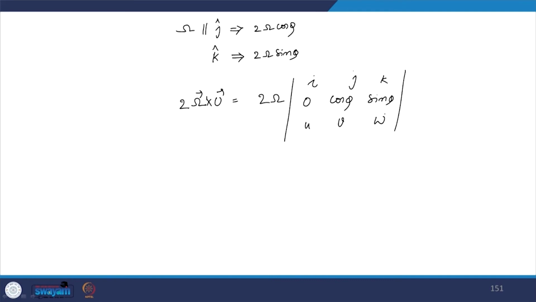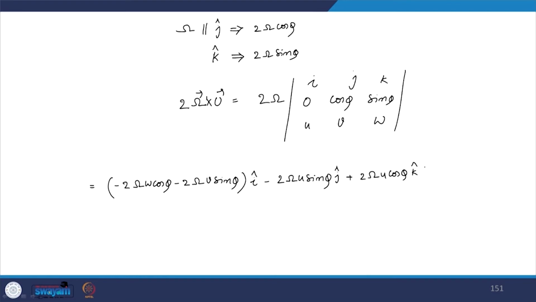If we do this cross product, we end up with minus 2 omega w cos phi minus 2 omega v sin phi along i cap, minus 2 omega u sin phi along j cap, plus 2 omega u cos phi along k cap, right. All of this is the Coriolis term.